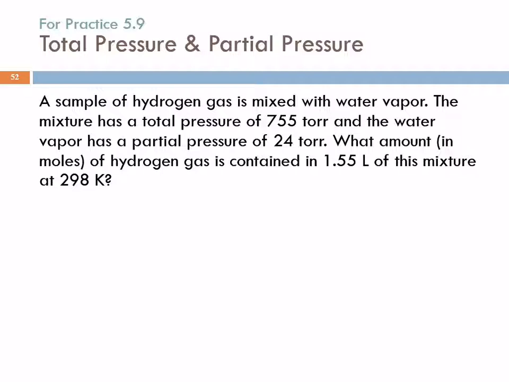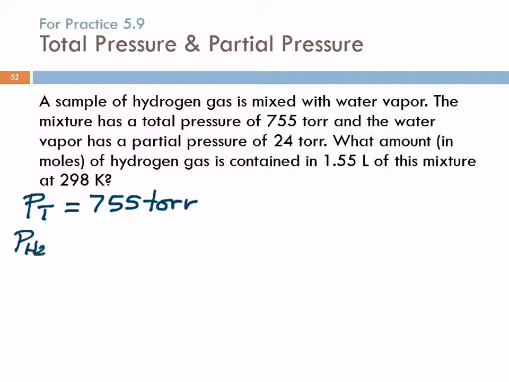This is one of those ones you kind of have to think about for a minute. So we've got a total pressure of 755. So maybe let's write that down. P total, 755 torr. Partial pressure of the water is 24.